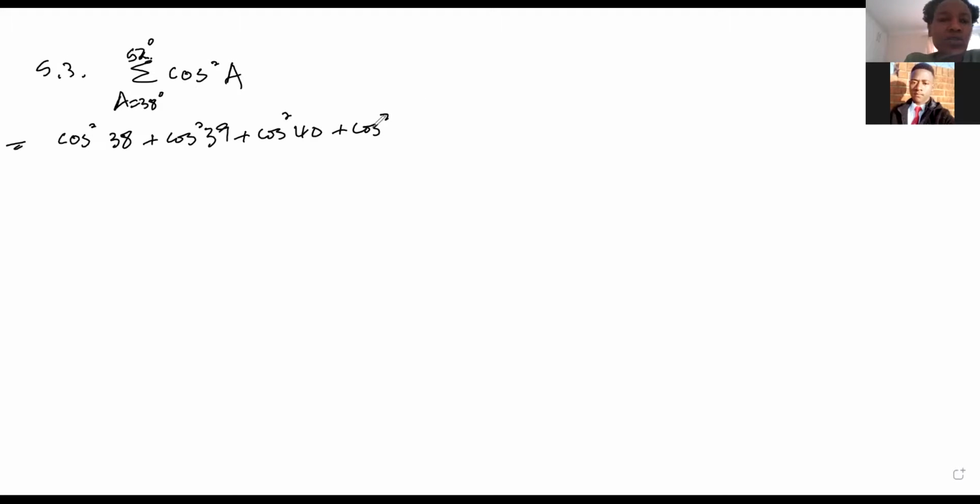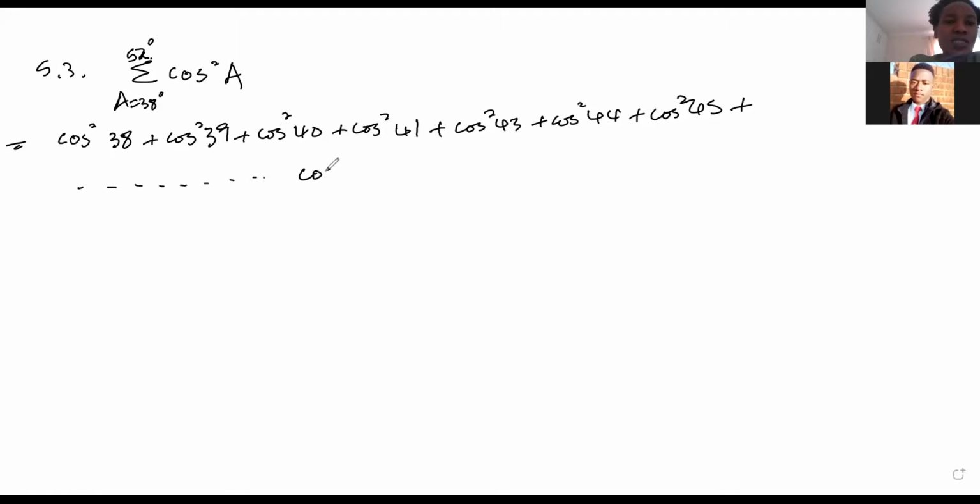Then cos squared 41 and then cos squared 43 plus cos squared 44 plus cos squared 45 plus it goes all the way, let's say cos squared 49 plus cos squared 50 plus cos squared 51 plus cos squared 52.